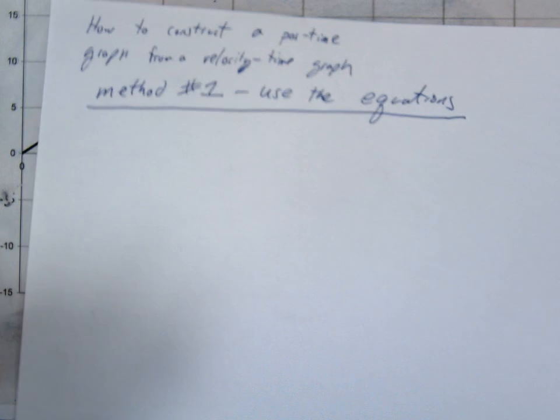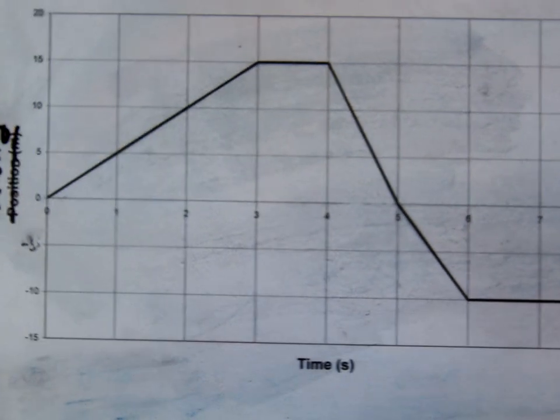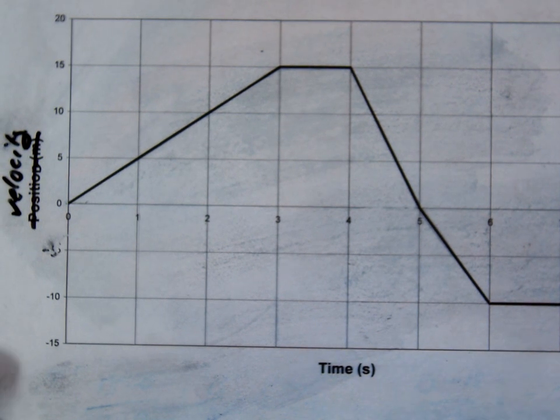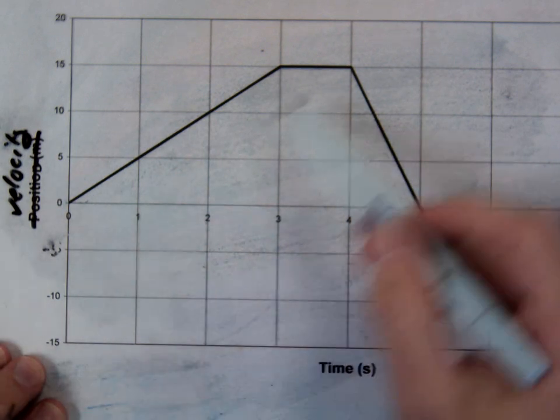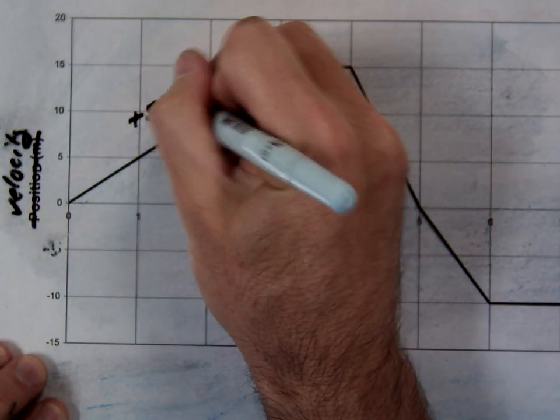Alright, so actually before this I asked you to do this, so let's just go ahead and do it on here. This is velocity time. We're going to go ahead and find the acceleration for each of these segments, right? So what's the acceleration from 0 to 3? 5, right? Plus 5.